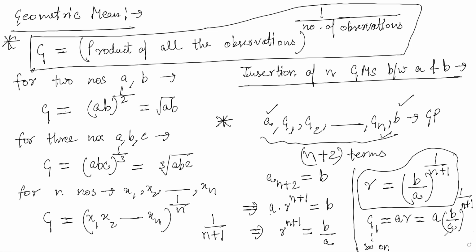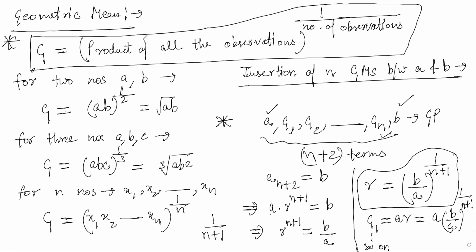This is the concept of geometric means. Now let's solve 1, 2 questions on this concept only. Then we will proceed to other questions. I'll also try to solve one or two more questions.